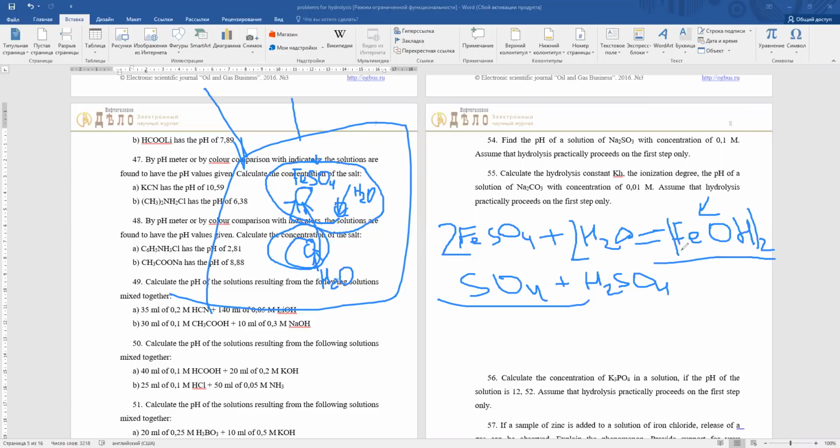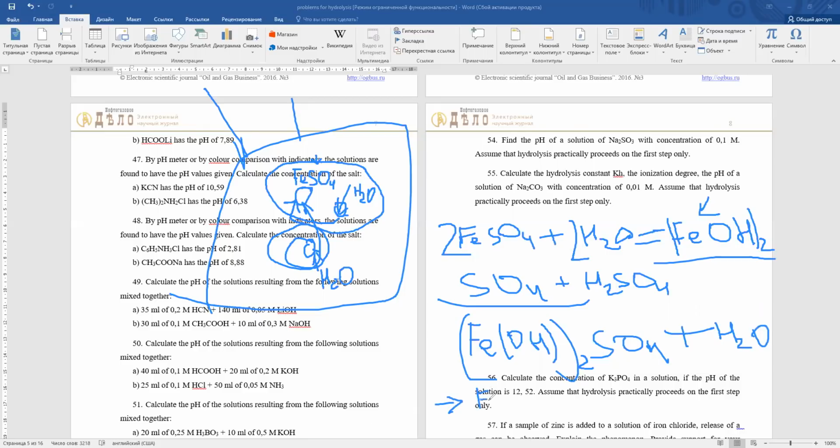In the second step, you see the extra water molecules can clash with this salt and form the total molecule of the base.